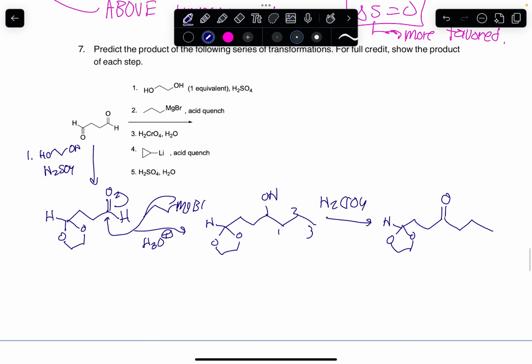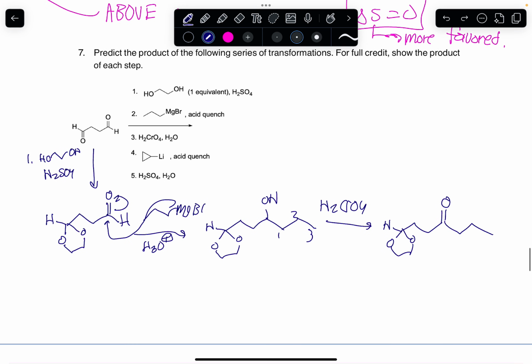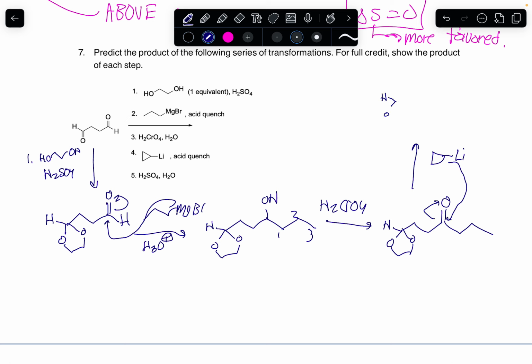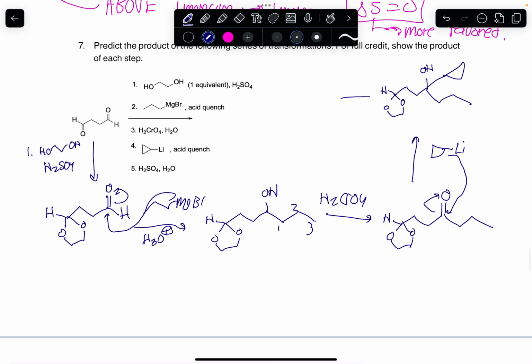This one's a secondary alcohol, so we don't have enough room to make another bond. So we'll go ahead and make a carbonyl. This organolithium can then attack the carbonyl in almost the exact same mechanism as the Grignard. In fact, it is the same mechanism to make this product.